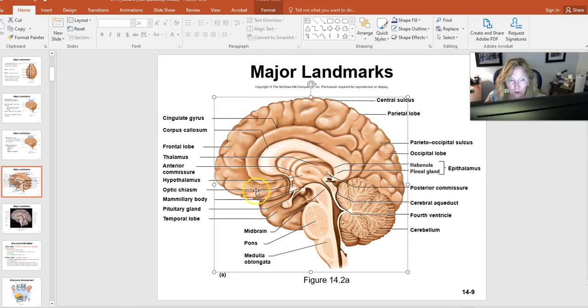You have maybe heard of the prefrontal cortex region of the frontal lobe. When this is injured is when someone's actual personality changes, because this is where all of the planning, all of your decisions about how you're going to act on something, come from.